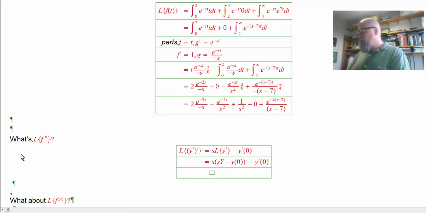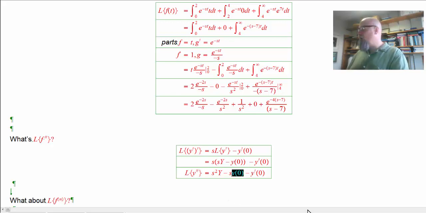So let's clean this up. That'll give me the Laplace of y prime prime is equal to s squared times the Laplace of y minus s y naught minus y prime naught. And y naught, that's the initial condition.